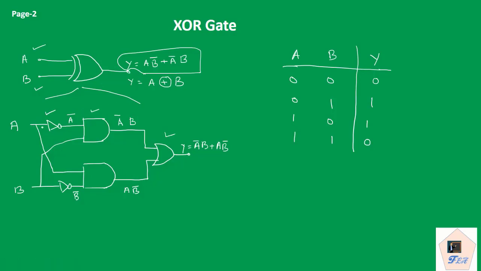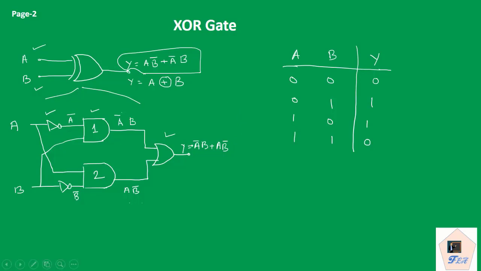Say this is AND gate 1, this is AND gate 2. Here we are getting A bar B, similarly here we are getting A B bar, then we are ORing them, and what we get is A bar B plus A B bar. This is the output.